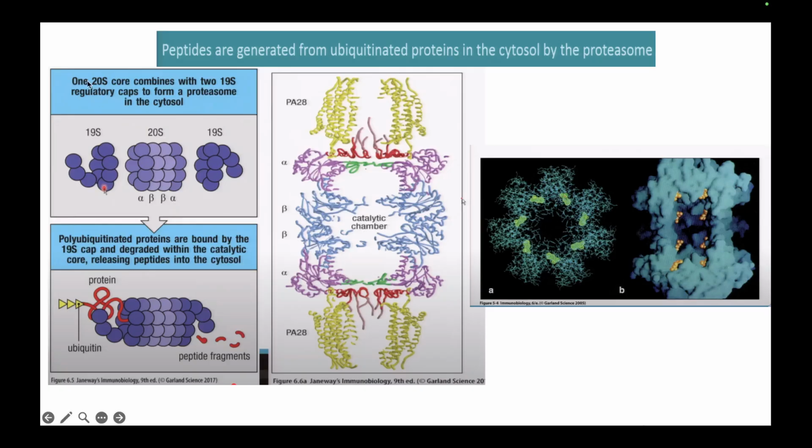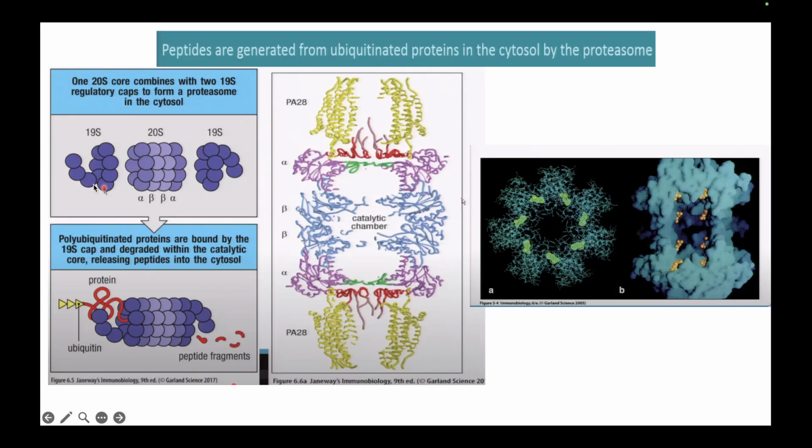So here you can see this is a proteasome, which has a 20S core combined with two 19S regulatory caps to form a proteasome in the cytosol. The protein synthesized in the cytosol is degraded with the help of this proteasome.